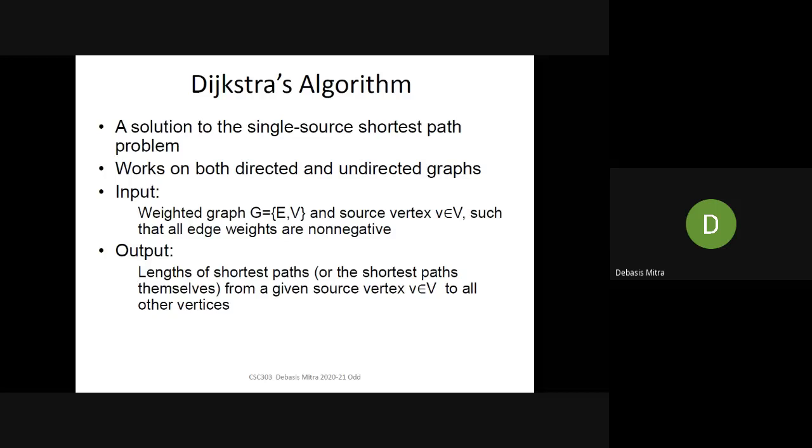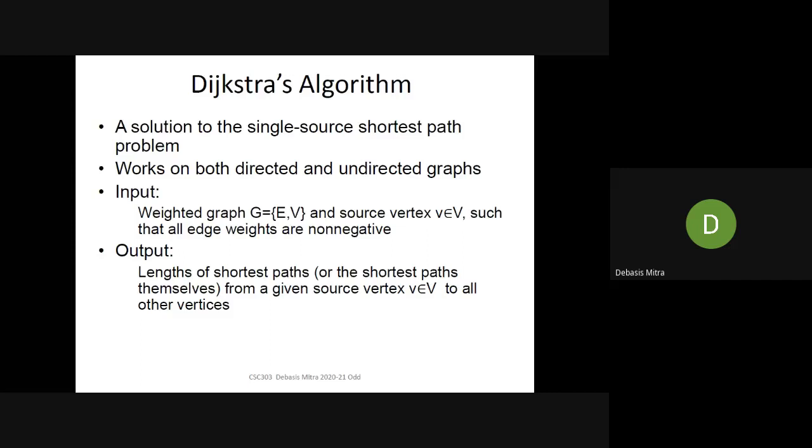But for a specific application, you may just want to find the shortest path from S to T. In that case, you can just refer to that T, and you can leave the other shortest paths which you are not interested in.